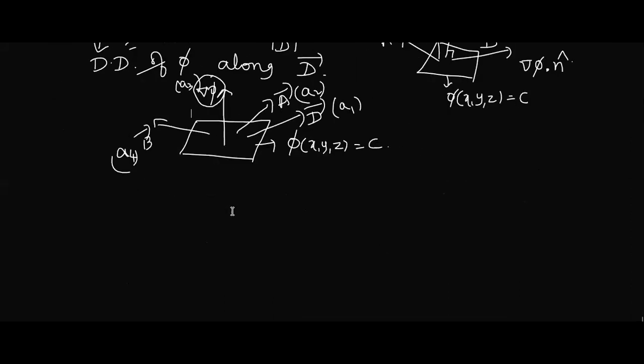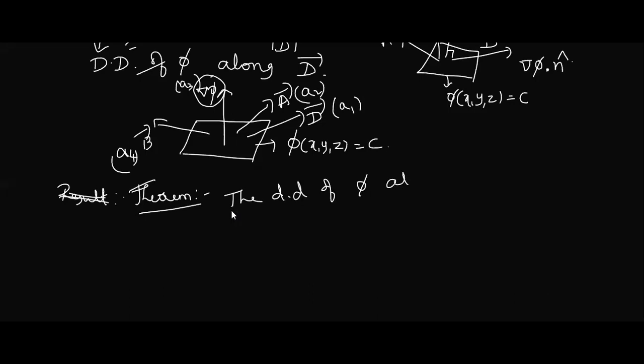This is what the result is. Let me write it over here. What the result says, it's actually a theorem, but the proof of the theorem is not necessary. The directional derivative of phi at any point is maximum along del phi. Okay, this is the first thing.